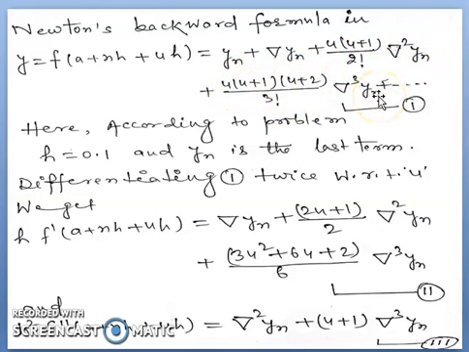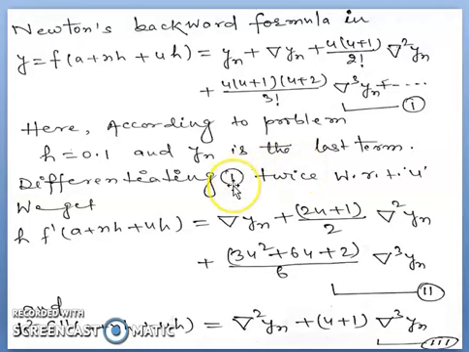So this is the formula of Newton's backward interpolation formula. Now according to the problem, here h equal to 0.1. What is h? h is the interval. So subtract any two values of x and we get the value of h, that is h equal to 0.1, and yn is the last term. As I have already discussed, the last value of y is yn.